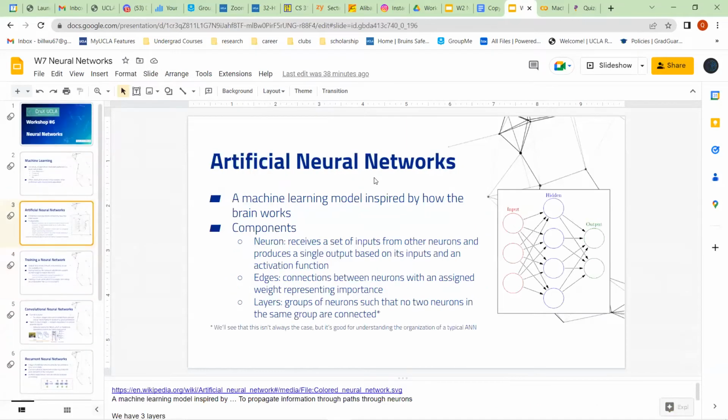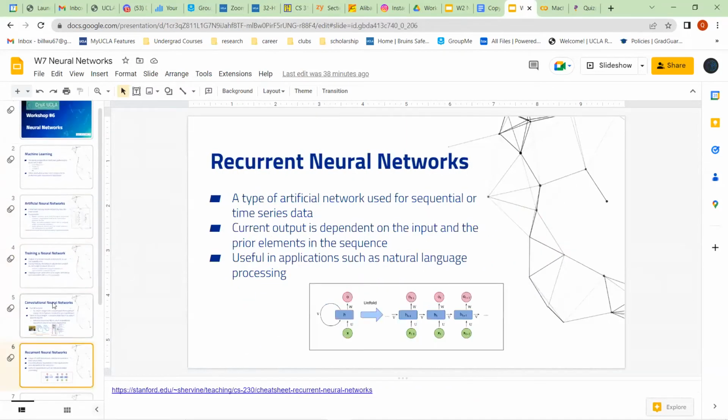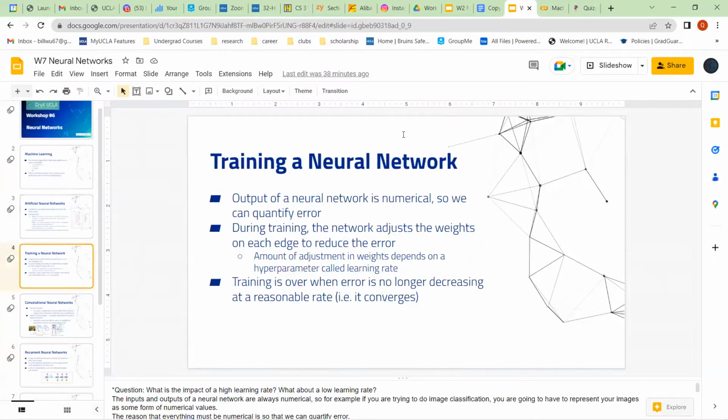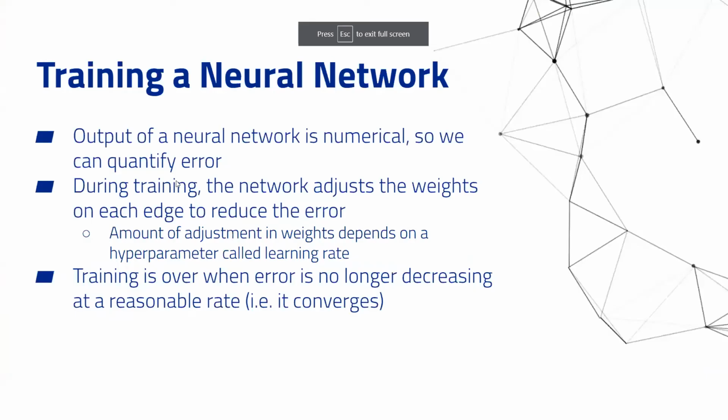It wasn't too specific on this, but here we should know that the output of a neural network is numerical. It's outputting something that we can quantify. That's not only how the neural network is outputting data, it's also how it's calculating the cost function, or calculating the error.